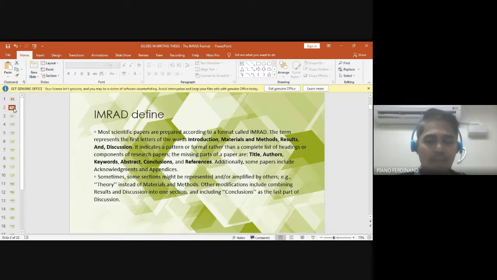Kasi may iba't ibang template din po na ginagamit ng iba't ibang mga research journals. Depende po kung ano yung mga requirements na hihingiin nila sa inyo. Okay? Kagaya po ng mamaya, ipapakita ko sa inyo yung template po na ginamit ko, yung format po na ginamit ko nung ako'y nagpasa ng aking research sa isang research journal.